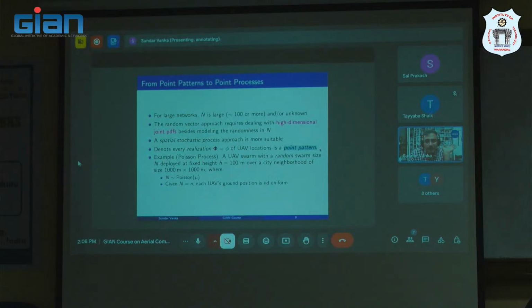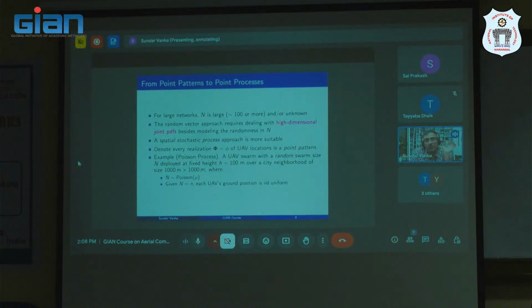Let us say that I have a random swarm size. That means I may have deployed N UAVs, where N depends on the mission. So depending on the mission, N can change. Let us say N is some Poisson random variable. We'll come to this in a few more slides.